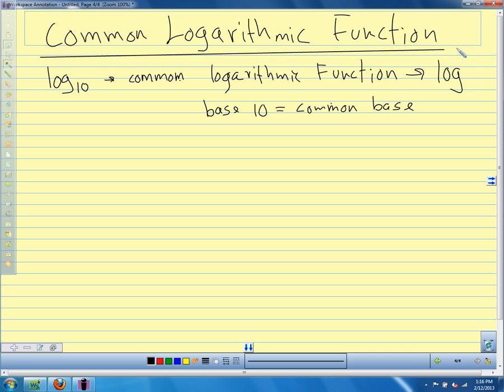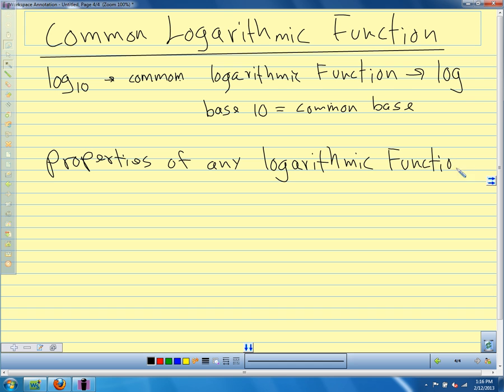But I want to write some properties of the logarithmic function. So the properties of any logarithmic function. And these again are going to be important for the types of problems that we're going to solve using exponential and logarithmic functions.